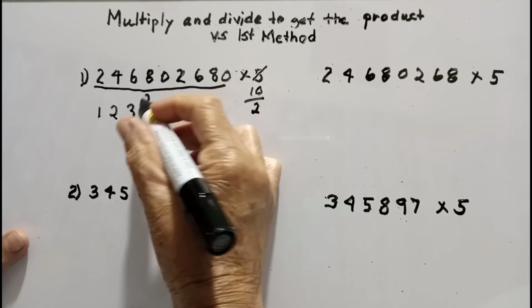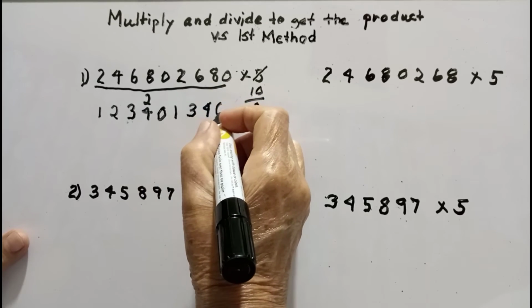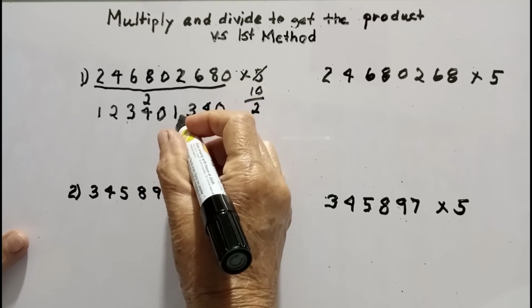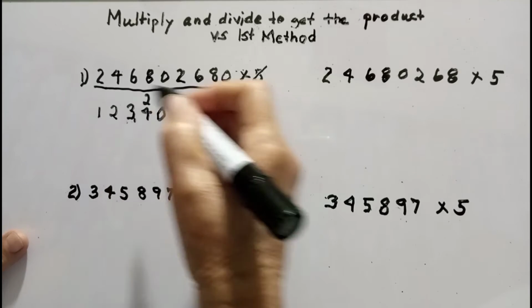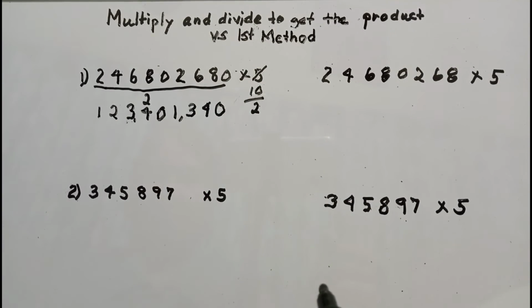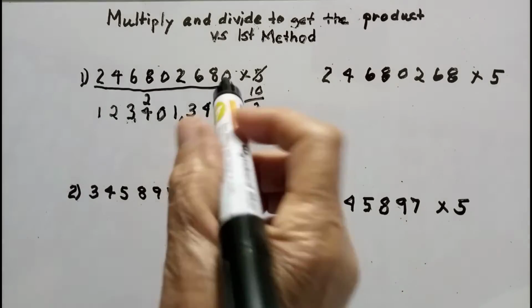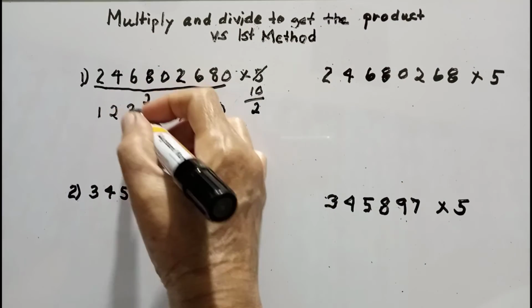And 0 divided by 2 is 0. So the answer is 123,401,340. You can check this out.